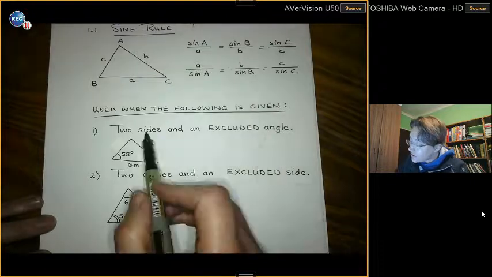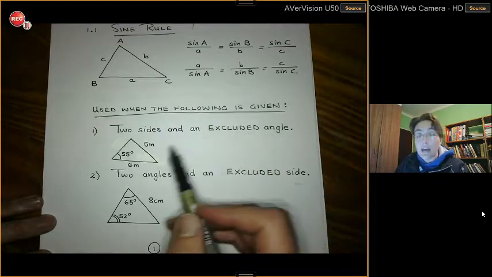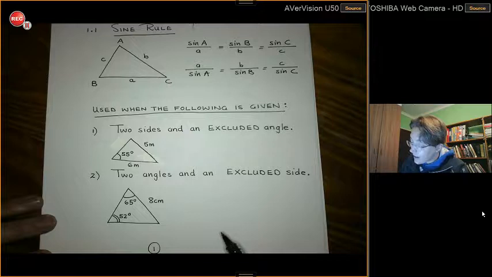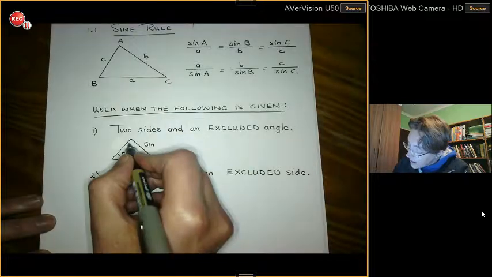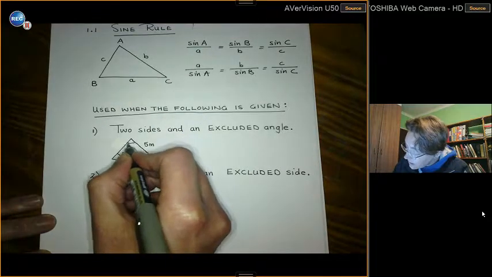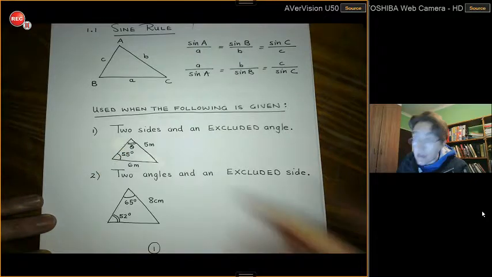So if they give you two sides and an excluded angle, they would then ask you to calculate another angle. Let's call this angle theta, and that's what we are trying to calculate.